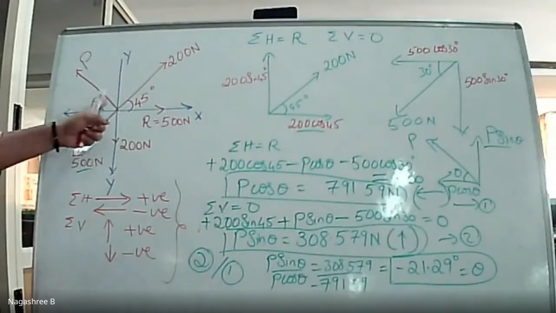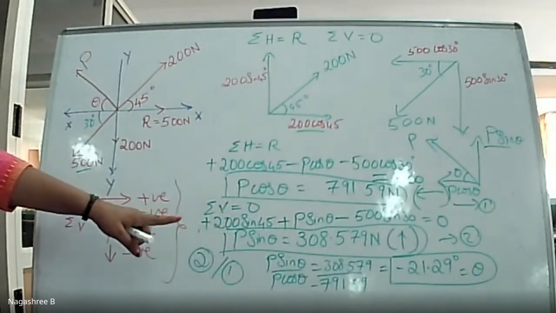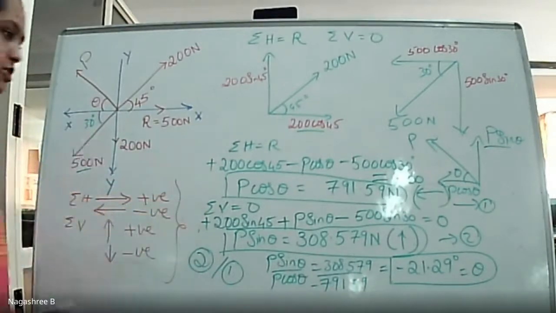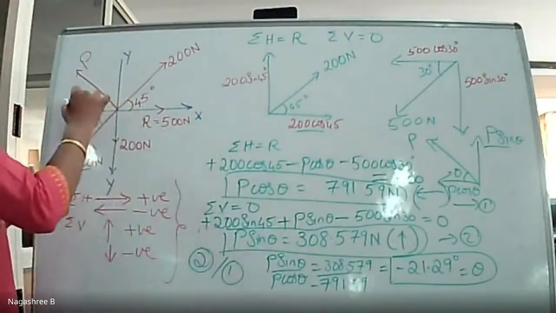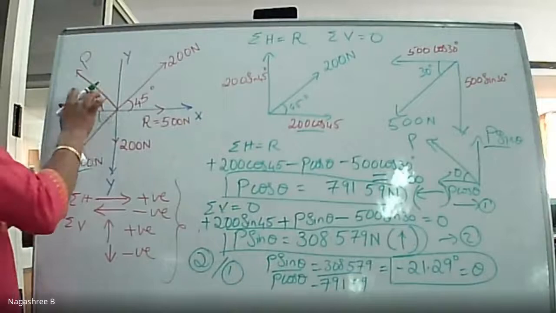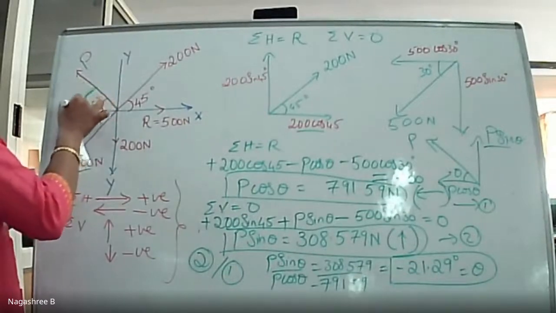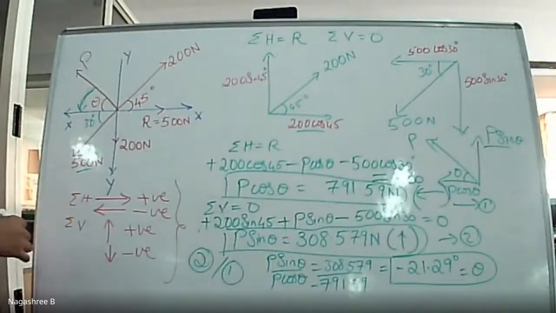Since it is going in the anti-clockwise direction, it is a negative variation. It is going in this direction, the anti-clockwise direction. Hence it is taken as negative.